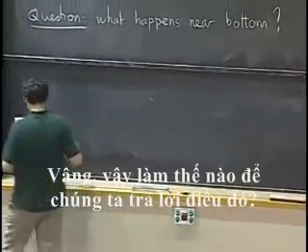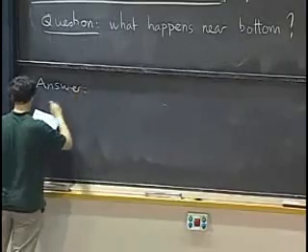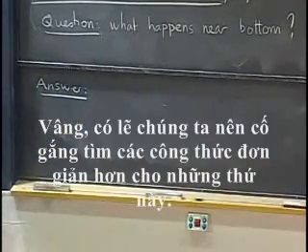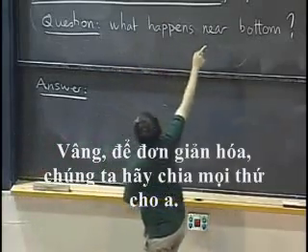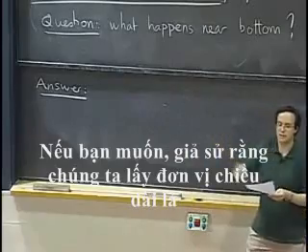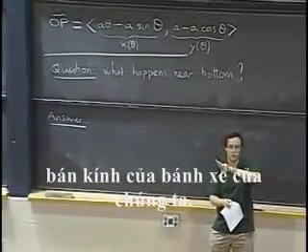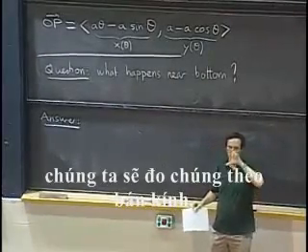So how do we answer that? We should probably try to find simpler formulas for these things. To simplify, maybe let's divide everything by A. Let's rescale everything by A. If you want, let's say that we take the unit of length to be the radius of our wheel. So instead of measuring things in feet or meters, we'll just measure them in wheel radius.